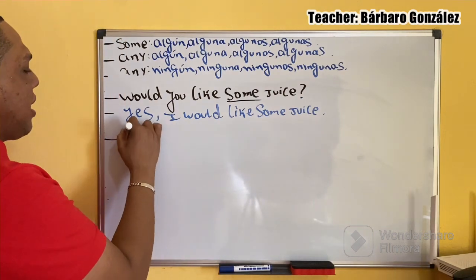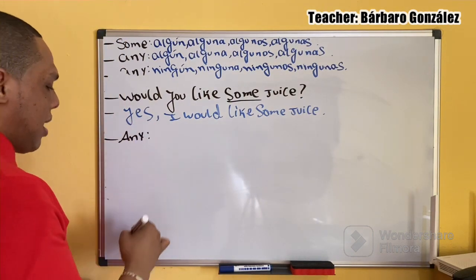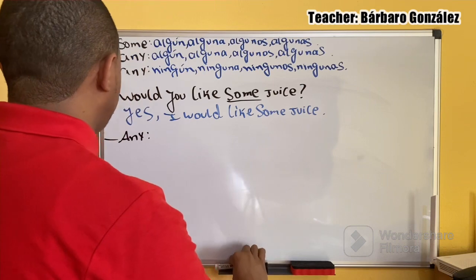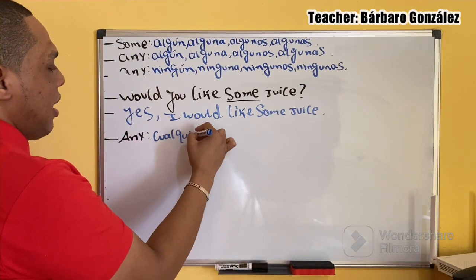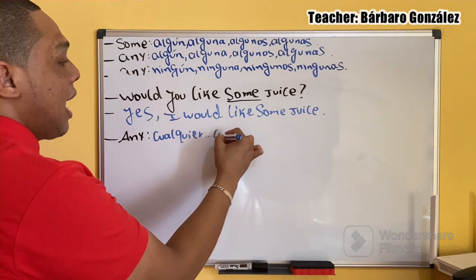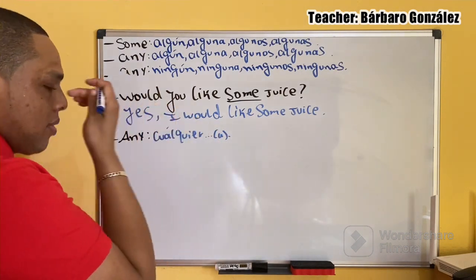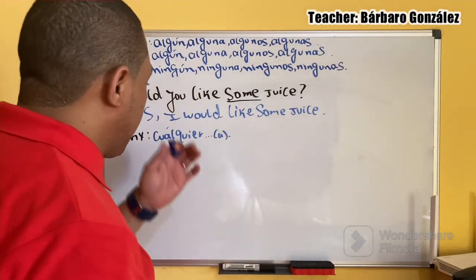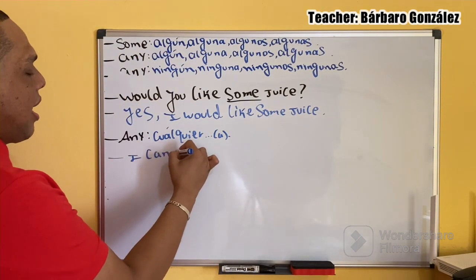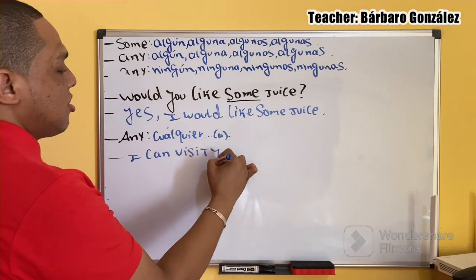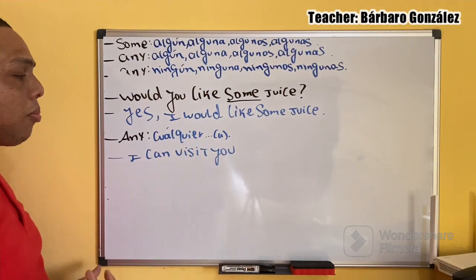Also, any has another meaning in Spanish. For example, any can also mean in Spanish cualquier or cualquiera, etc. Right? For example, I can say, I can visit you. Puedo visitarte.